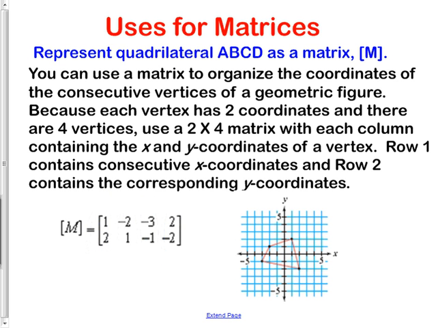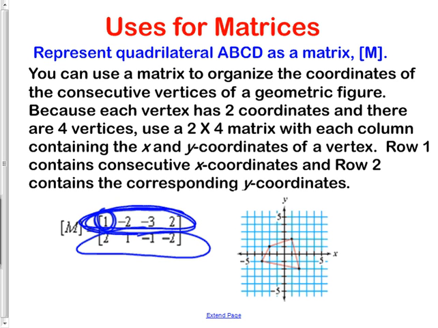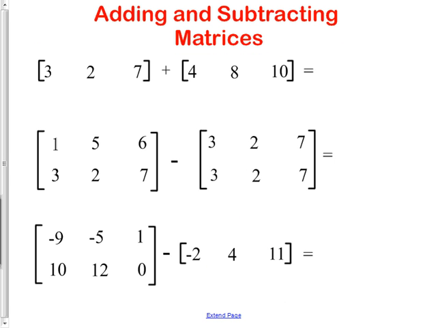And then logically, if that's got to be x's and that's got to be y's, one or the other, which one do you think the top row is? X's. Because x's are always given first in the xy coordinate. So the very first one we come to is our x, and then the rest of them must be x's. So these are all the x parts of the points, and these are the y parts of the points. All right, moving on.